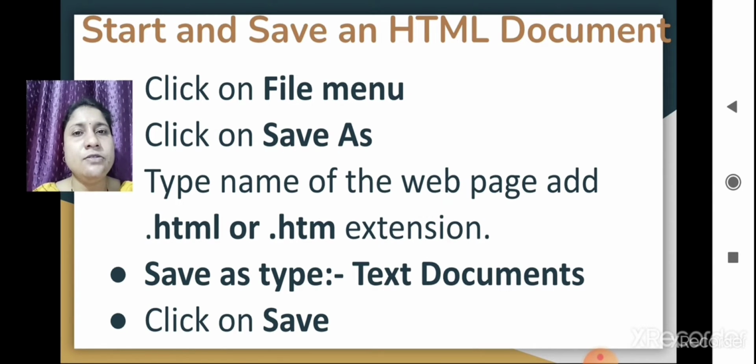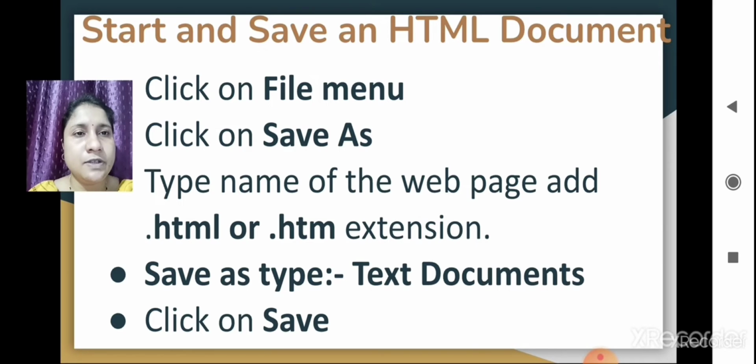Now save the HTML document. When you have written all the HTML tags in Notepad, click on the File menu in the menu bar. After clicking on File, click on Save As.